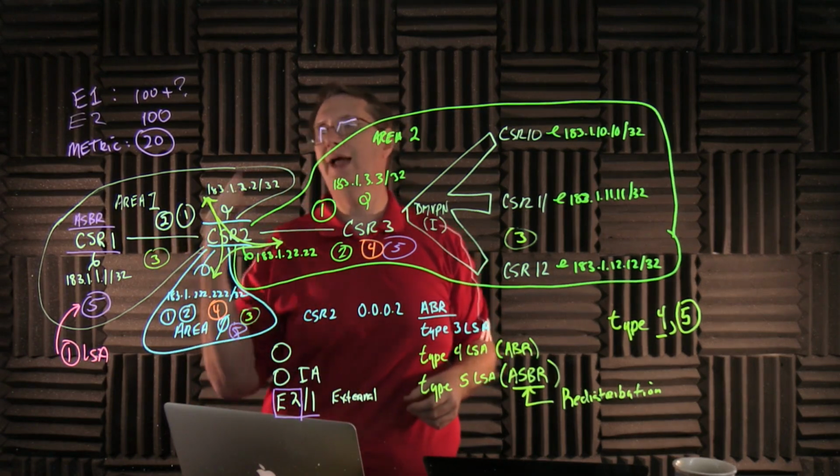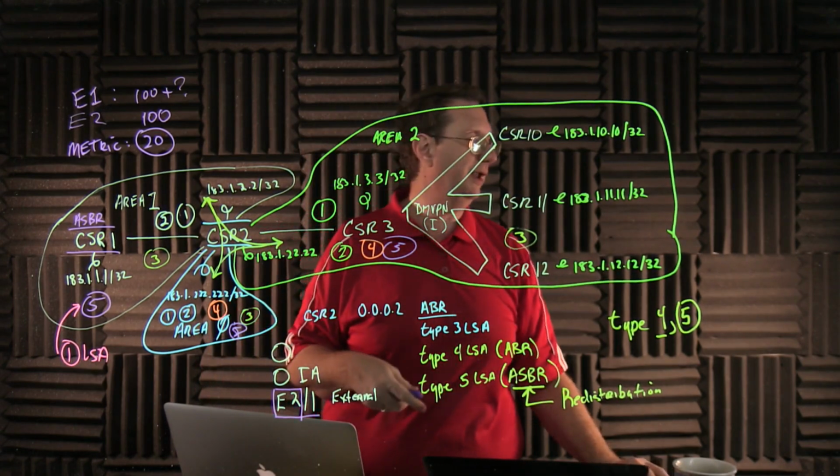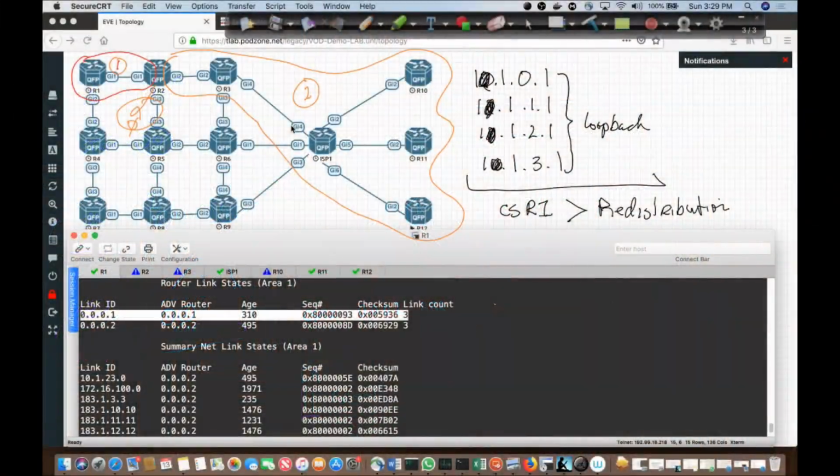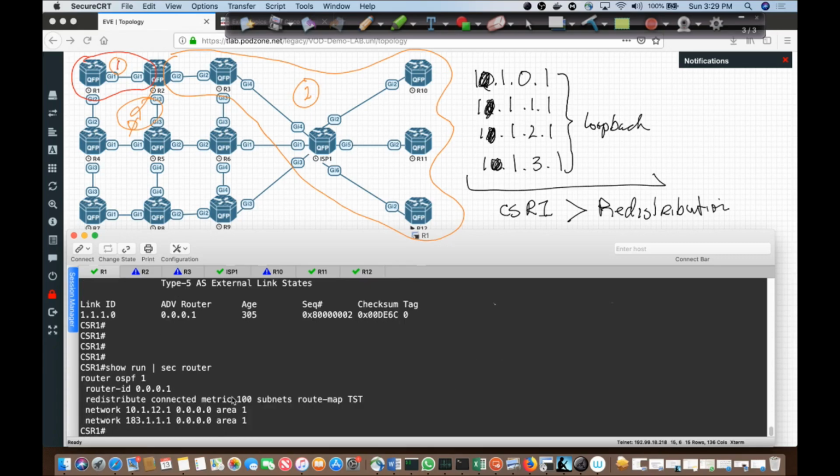And how do I do that? Well, I do that at the point of redistribution. So let's look at the output on our device. And what we'll do is we'll wrap up this video real quick. And I want to illustrate the fact that I redistributed, so show run section router and hit enter. I did a redistribution and specified a metric of 100 and said that it was going to be the default external type.